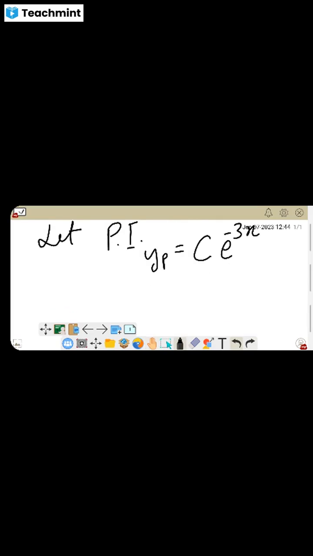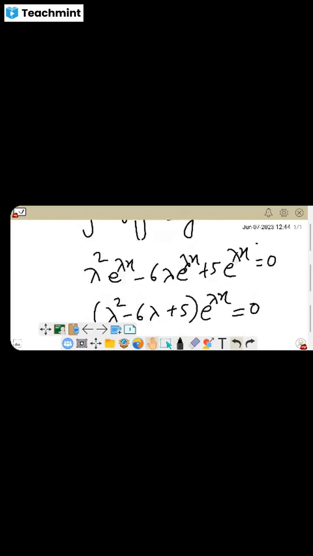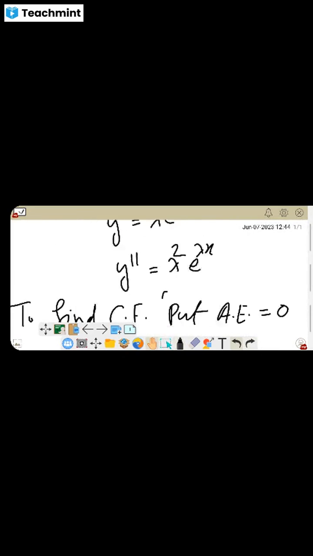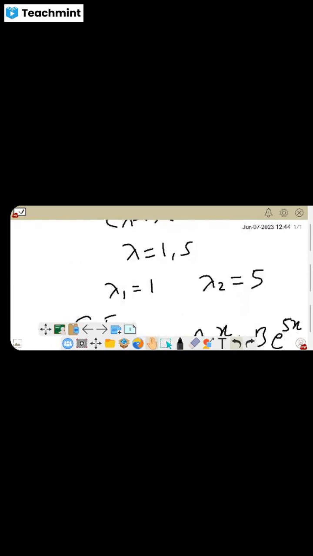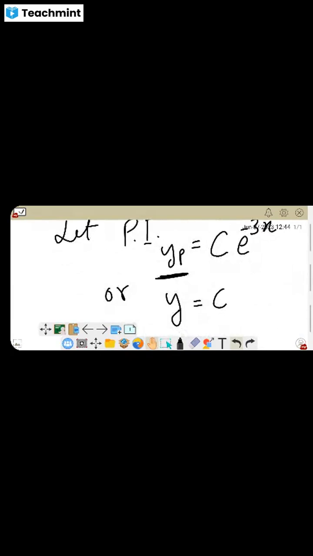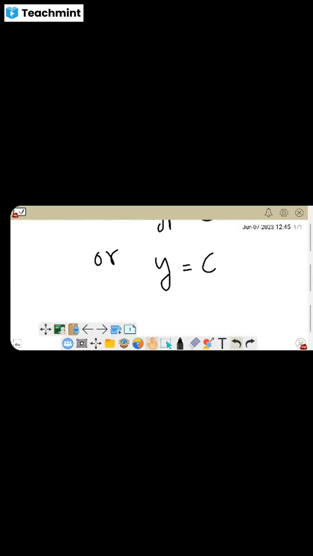Or you can simply take y is equal to yp, because y is the solution of the equation.